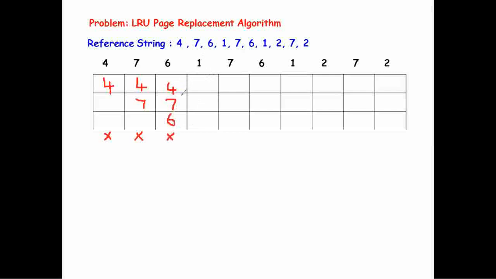Now 1 has to be replaced. Among 6, 7 and 4, 6 is most recently used, whereas 4 is least recently used. So in this place, 1 gets in.